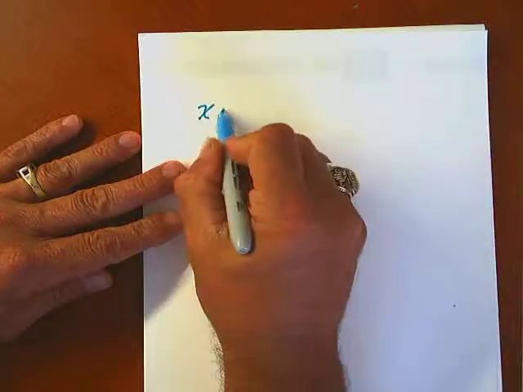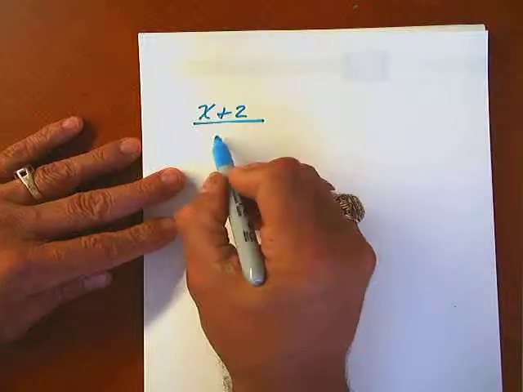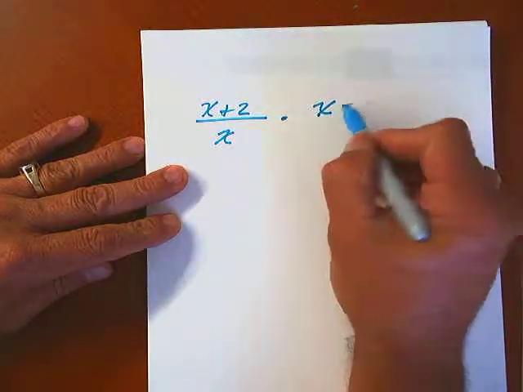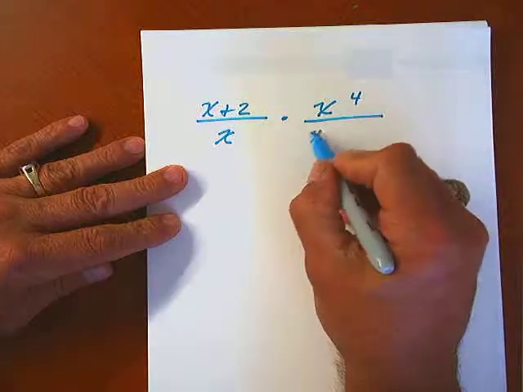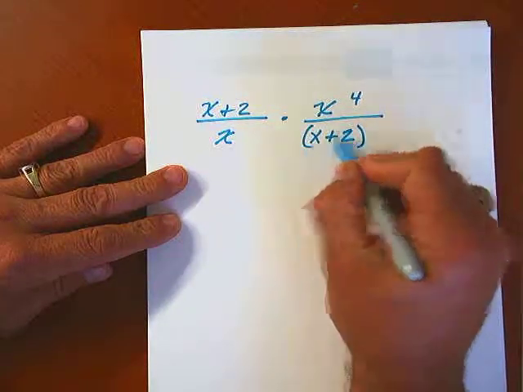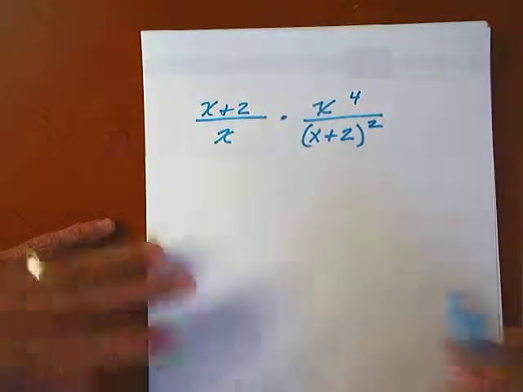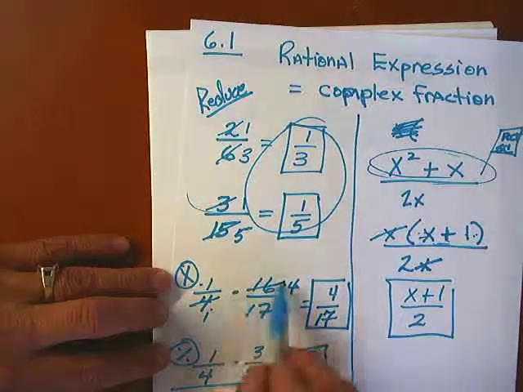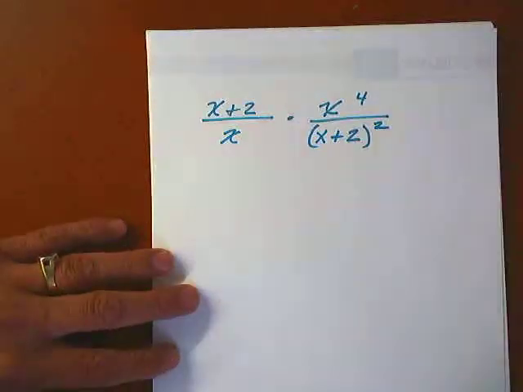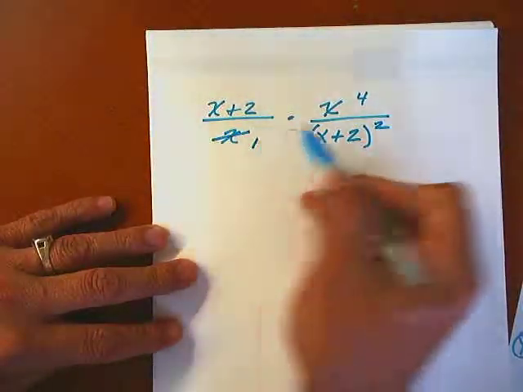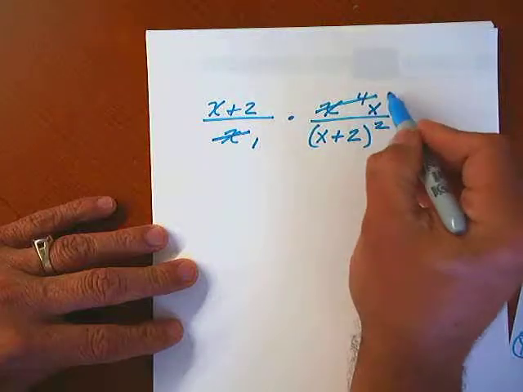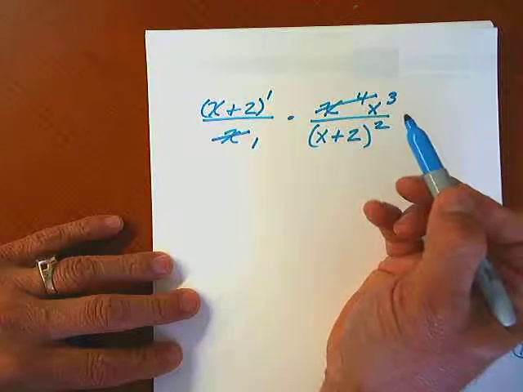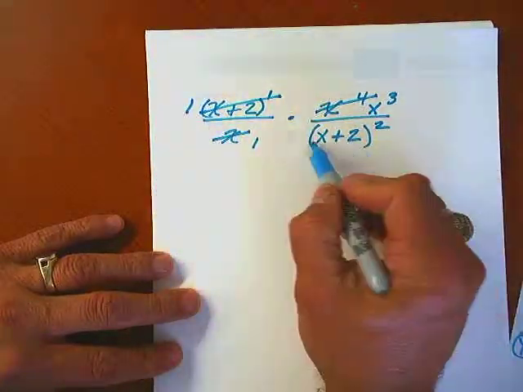Let's do a multiplication. x plus 2 over x times x to the 4th over x plus 2 squared. Well, cancel it just like you did back in pre-algebra. x will go into x one time, x will go into x to the 4th, x to the 3rd times.